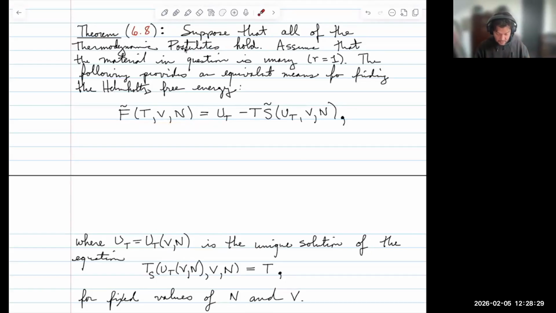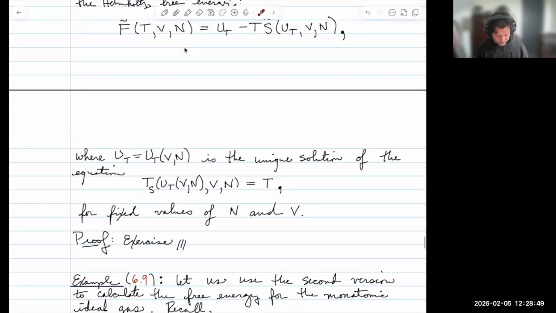I'm saying that this is an equivalent definition or means of finding the Helmholtz free energy. It's equal to UT, whatever the heck that is, minus T times S tilde. This is the fundamental relationship for the entropy of UT, V, and N, where UT, a function of V and N, is the unique solution of this equation.